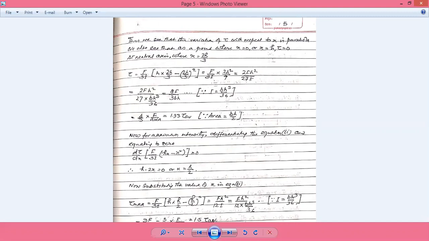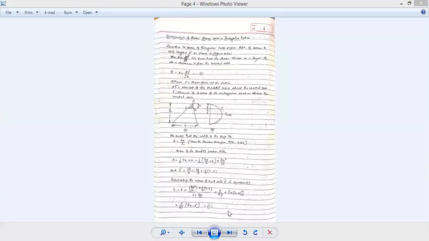Let me show it again. What is the value of x here? If we consider the cross section, it is the height of the section.